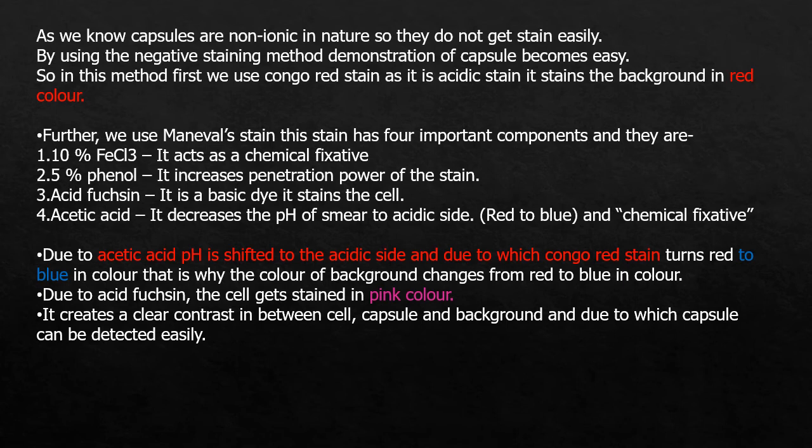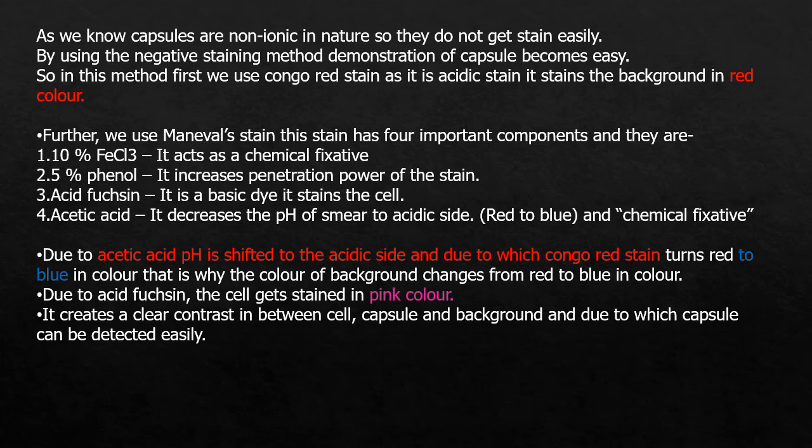And last is acetic acid or glacial acetic acid. It decreases the pH of the smear to the acidic side, so the color change is red to blue, and it also acts as a chemical fixative. That is the reason we don't heat fix our slides, as FeCl3 and acetic acid act as chemical fixatives.